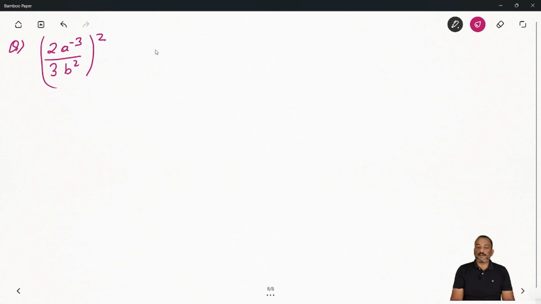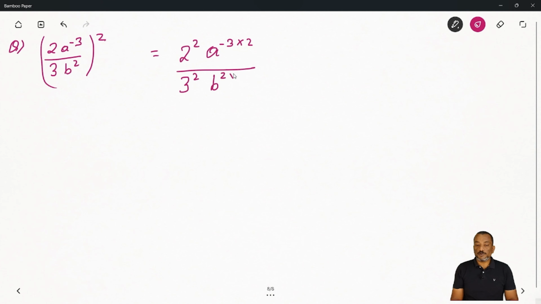We get 2 squared, a to the power minus 3 times 2, and in the denominator we apply 3 squared and b to the power of 2 times 2.